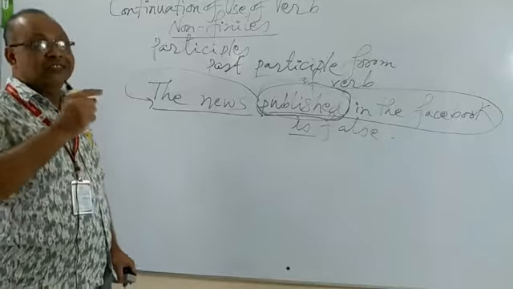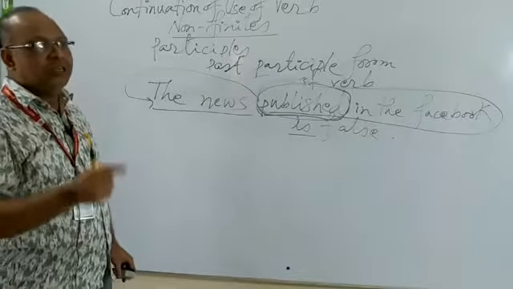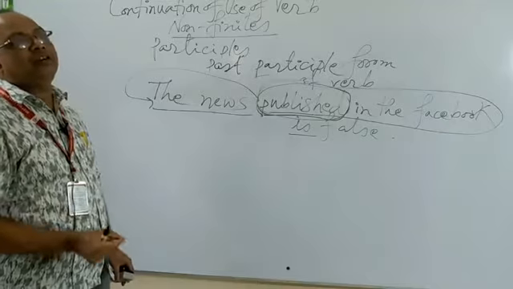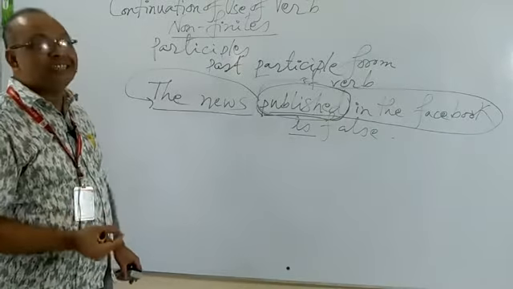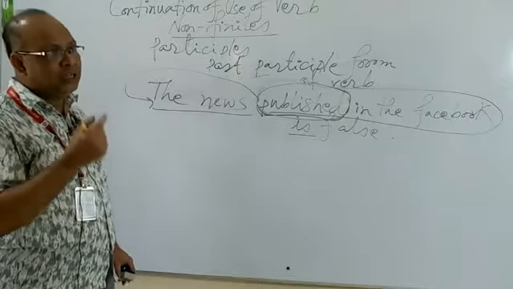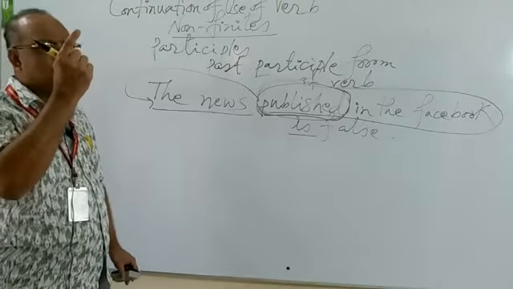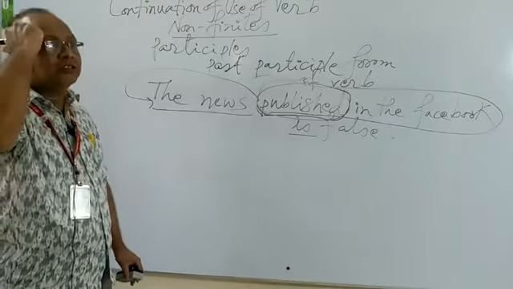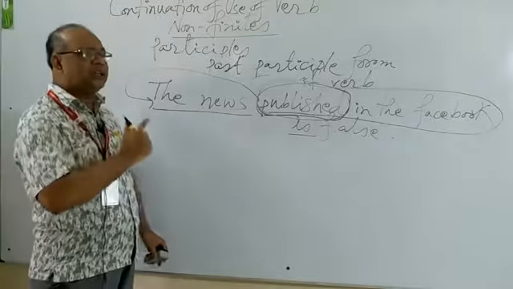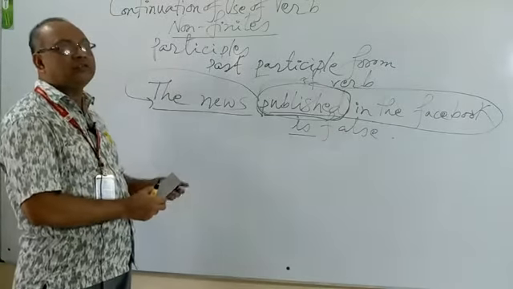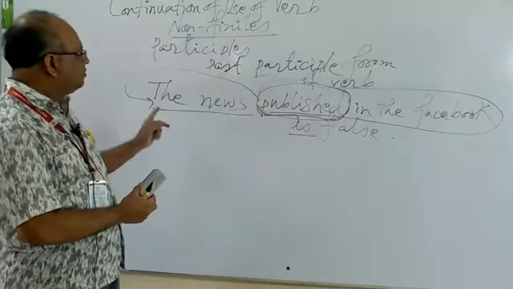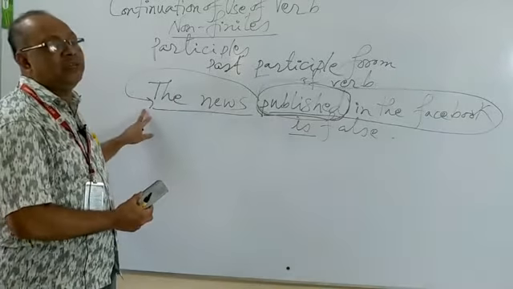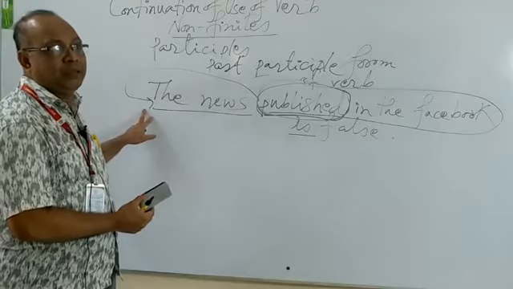I tell you, it is not as part of verb, it is a part of adjective. So sometimes we use these. You will have to keep in mind the form is past participle, but the function you must keep in mind. What function does it play in the sentence? So these two are very, very important.